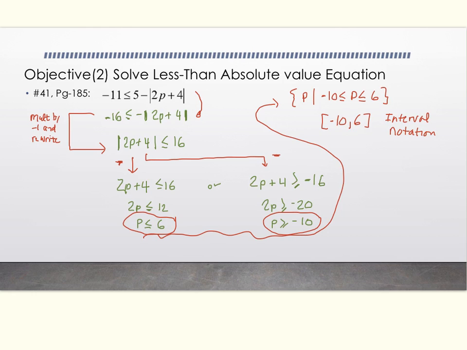So we have our set builder notation where we have p such that negative 10 is less than or equal to p, less than or equal to 6. And for our interval notation, we just have bracket negative 10 comma 6.